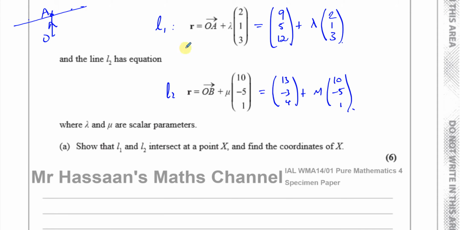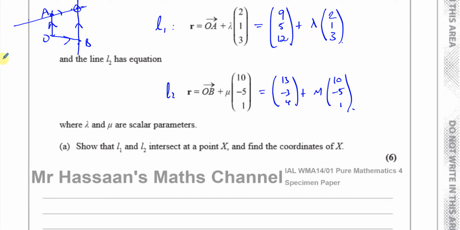So if I can find a value of lambda and mu which takes us to the same point, then these two lines will definitely intersect, because if they intersect, there will be a value of lambda and mu which will take us to the same point.